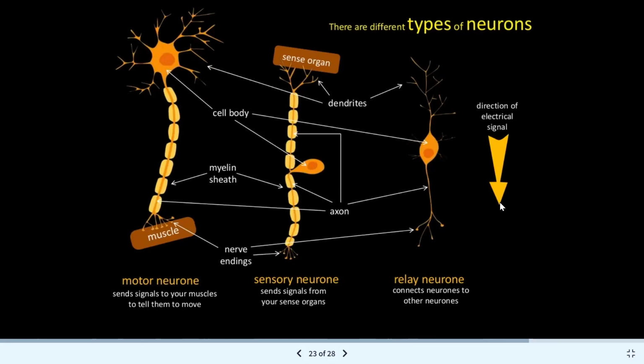So these are the three different types of neurons: motor neurons, sensory neurons, and relay neurons, and each is associated with special functions, like sending signals from sense organs, or to your muscles to tell them to move.